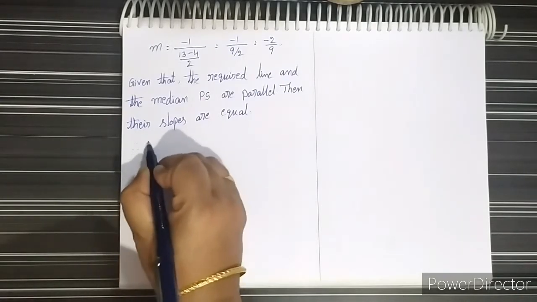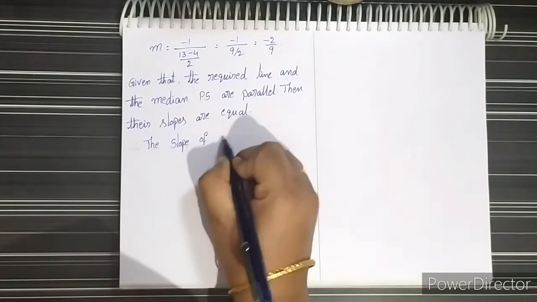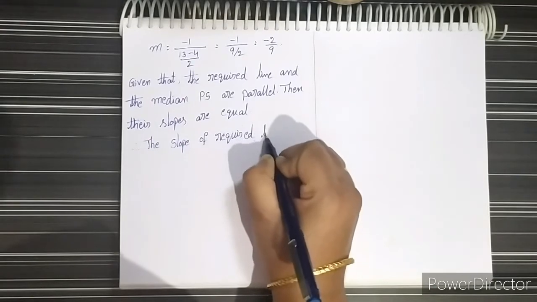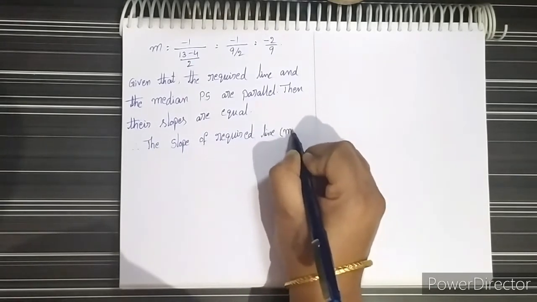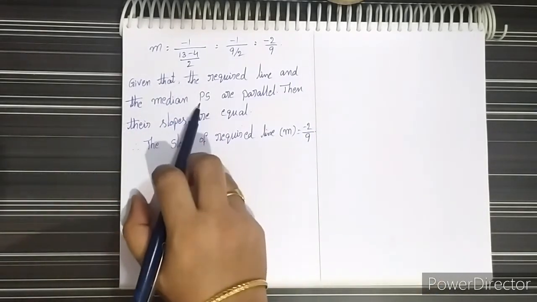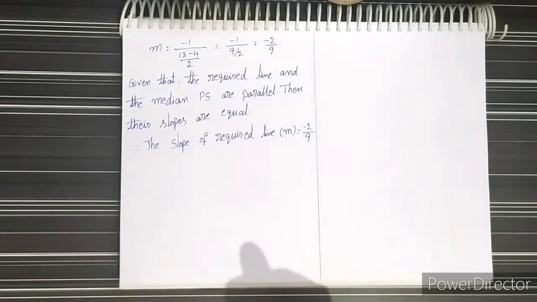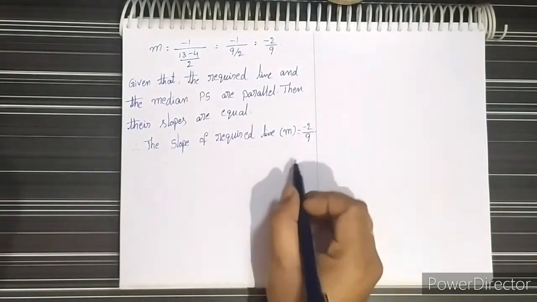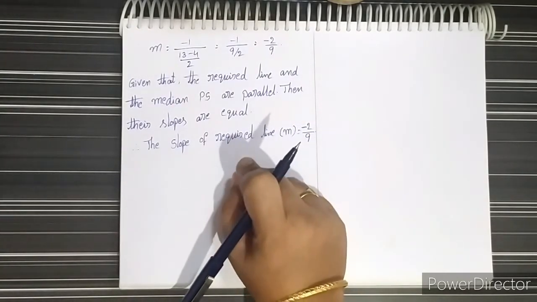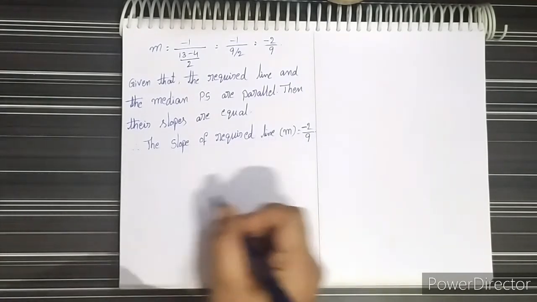Therefore the slope of the required line M is equal to minus 2 by 9. The slope of the median PS is equal to the slope of the required line. And in the problem, the required line passes through the point (1, -1) and has the slope M.